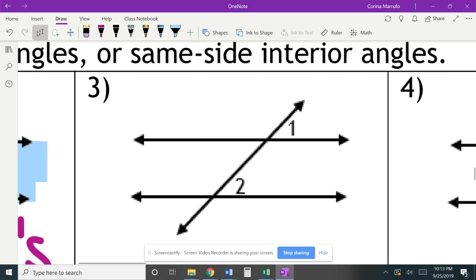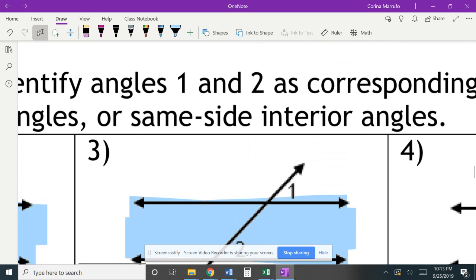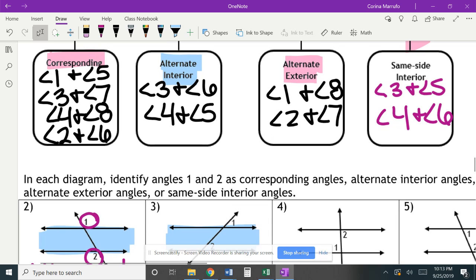All right, the next one. I am going to identify the inside. If you notice, angle 2 is on the inside, but angle 1 is not. So it cannot be alternate interior or alternate exterior, because one's inside and one is not. And same side interior, they're both not inside.